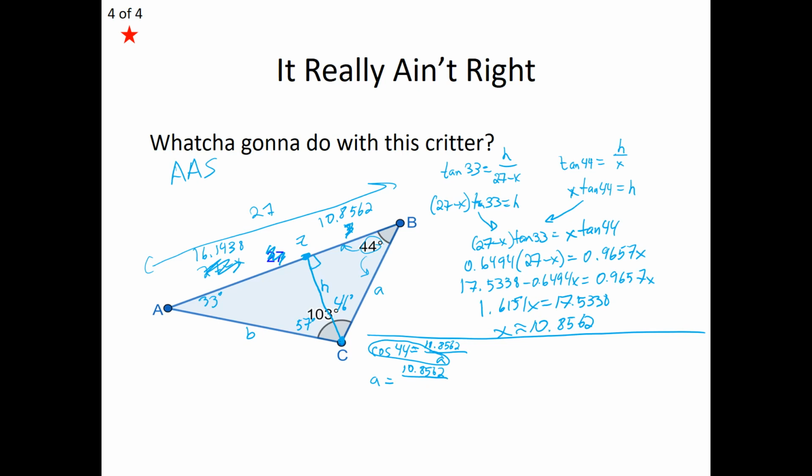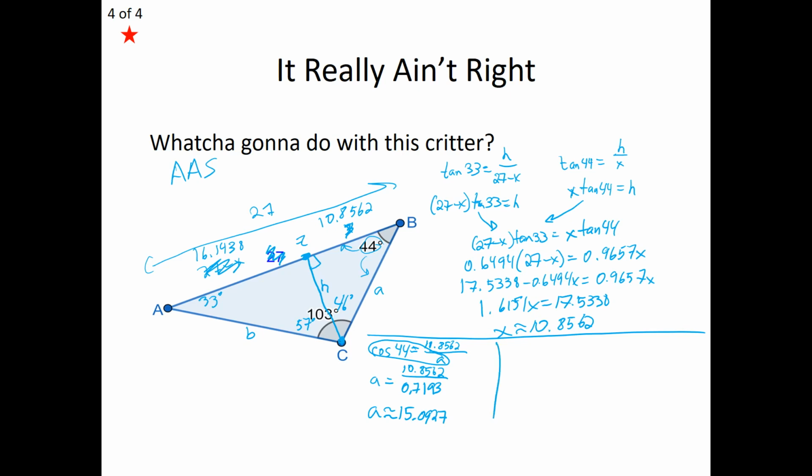Now, I'm going to go ahead and plug in what cosine of 44 is. That is 0.7193. And simplifying that, we get our missing side measure for side A as roughly 15.0927. And look at that. We found our missing side length using our primary tool of an altitude.